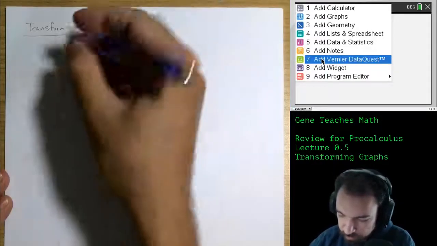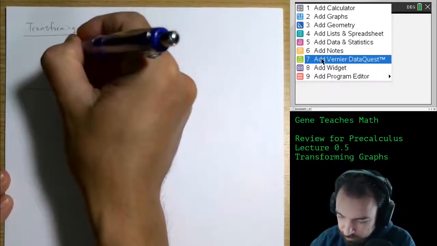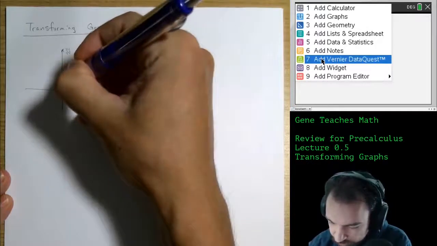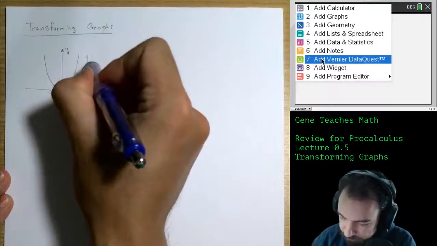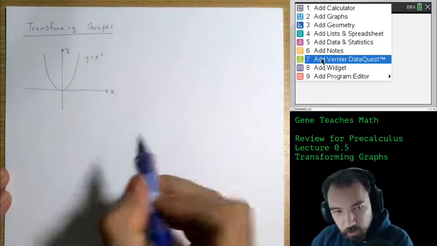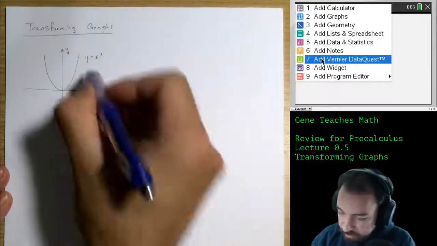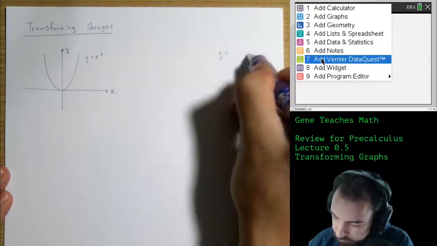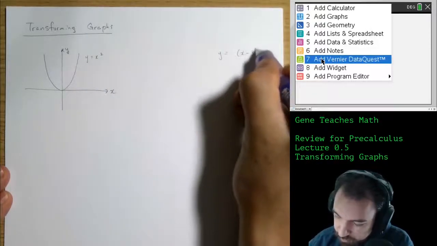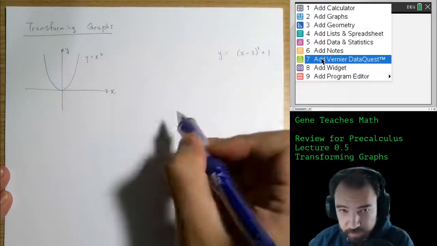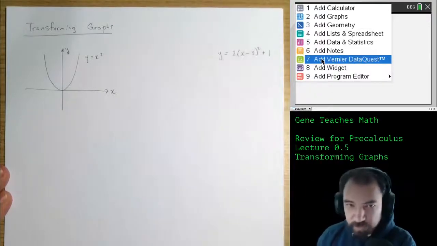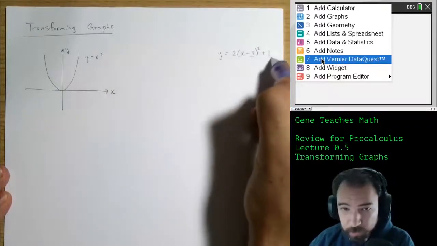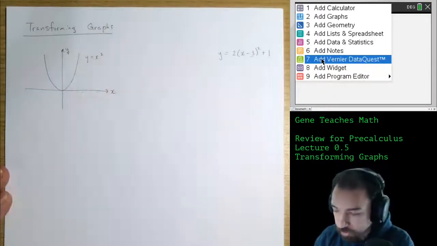So if I have a graph of a very basic parabola, this y equals x squared thing, then hopefully you have seen at some point in your past that if you turn it into the graph of y equals 2 times (x minus 3) squared plus 1, then that would move the vertex to (3, 1), meaning it would move the graph 3 over and 1 up.